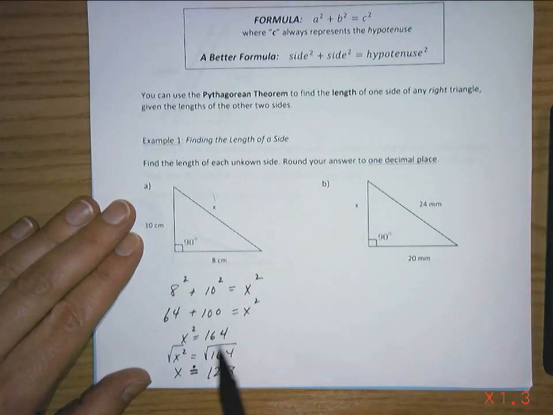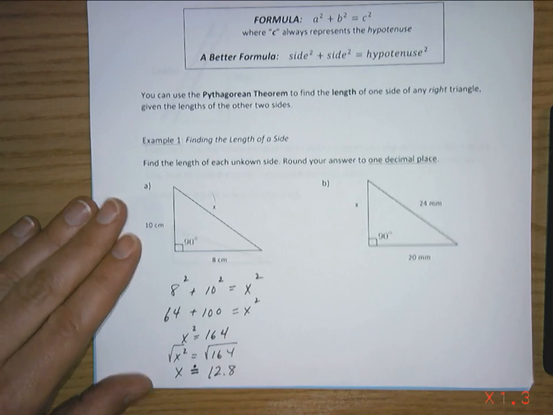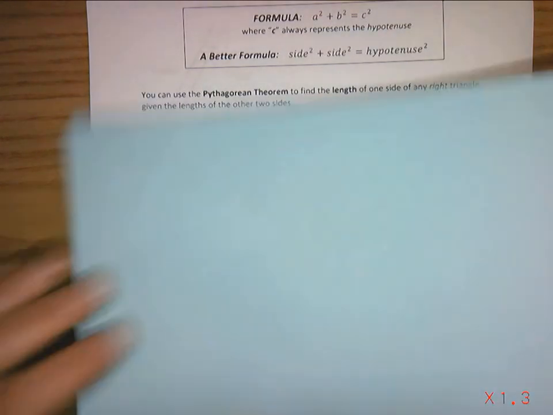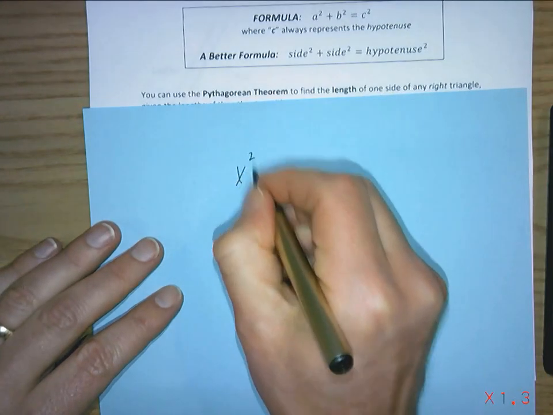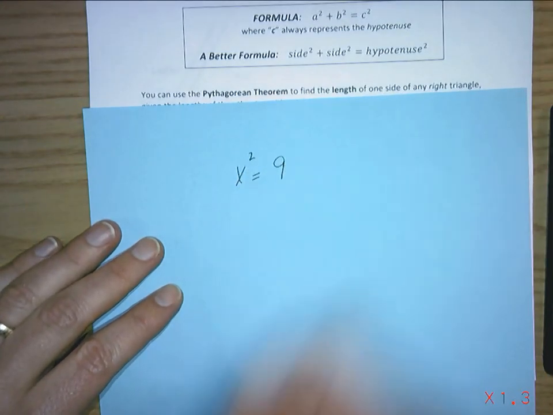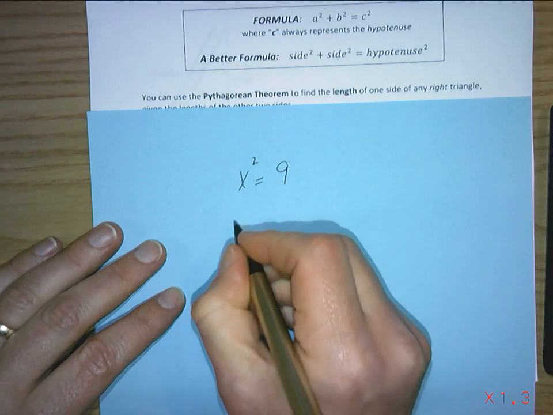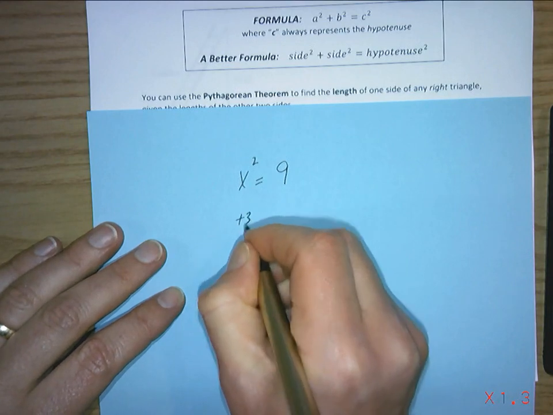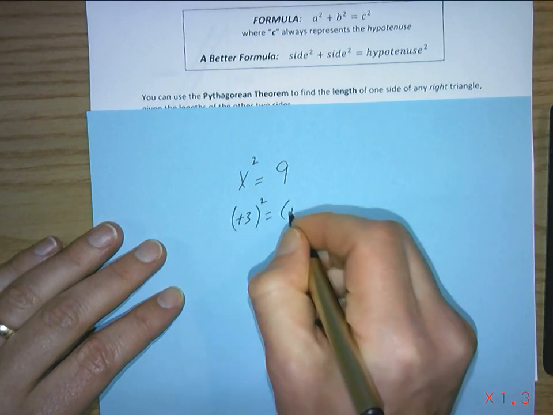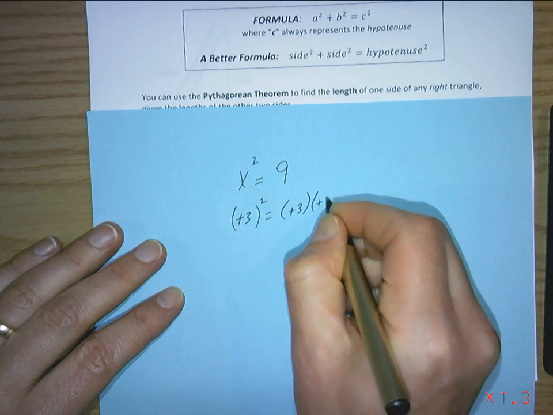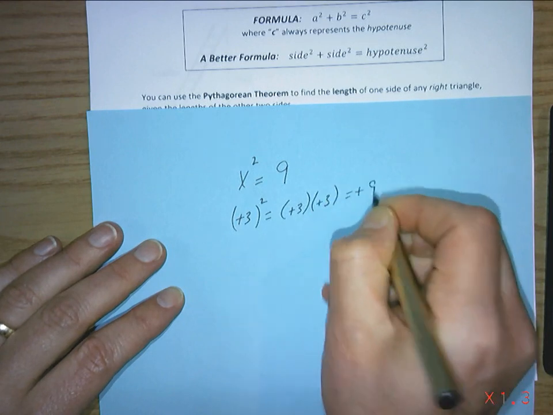Now something I should point out is that when you take the square root, there's actually a plus or a minus answer that'll work. Let's talk about that for a minute. Let's say I had x squared equals 9. And I'm looking for the answers that would equal 9. Well, there's two answers. One of them is positive 3 squared, which gives you positive 3 times positive 3, which is positive 9.